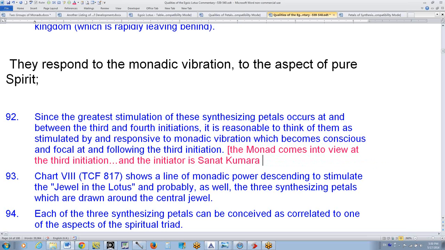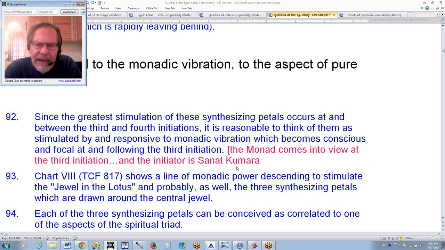So there is much greater stimulation of that which is associated with the first aspect as, from a certain point of view, the central three and the jewel are. If we differentiate them, the central three are more Buddhic and the jewel more Atmic.